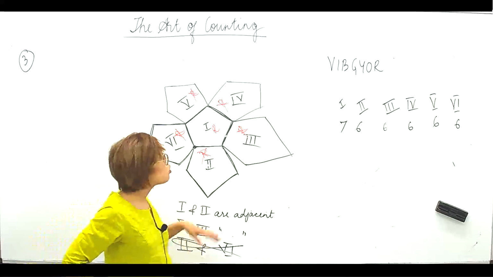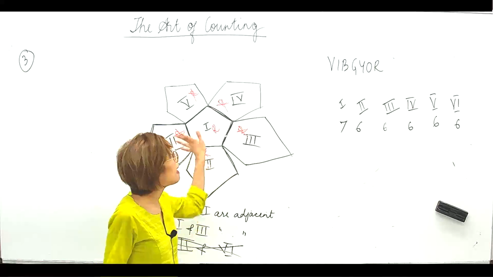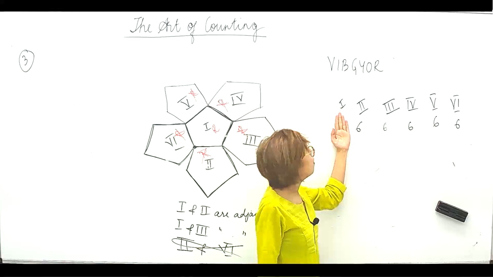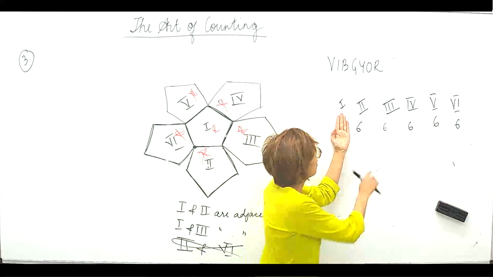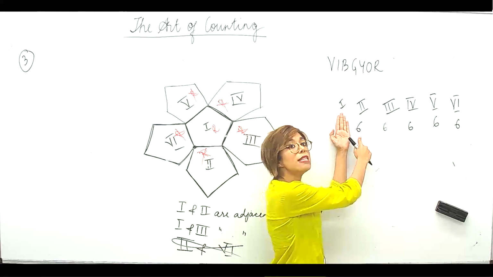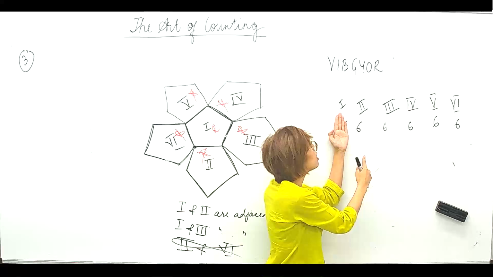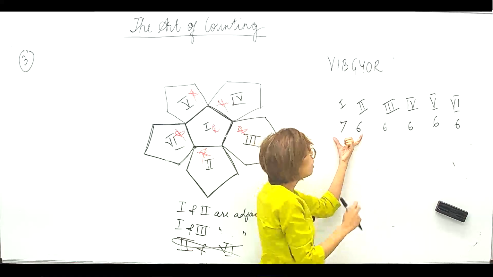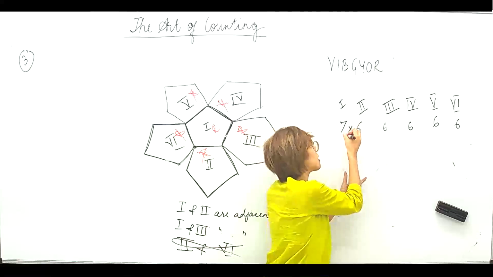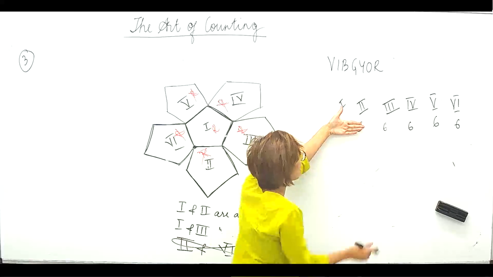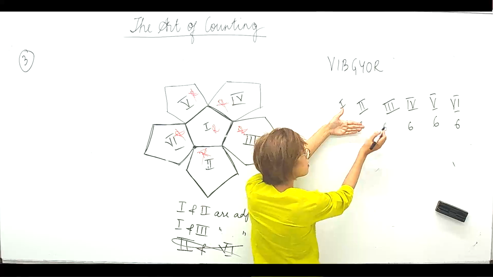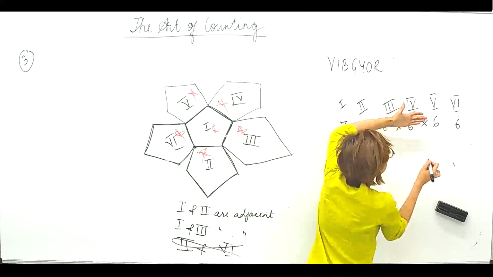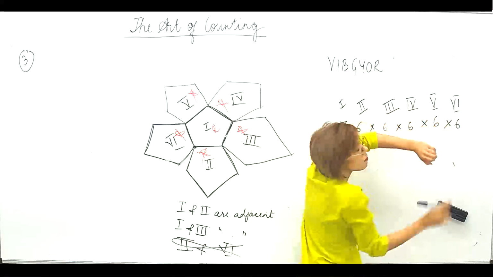Right? Okay. So now I need to find the total number of ways of painting this diagram. Corresponding to this color in pentagon 1, I can fill the color in pentagon 2 in 6 different ways. So corresponding to each choice, I have 6 choices. So I have 7 choices here, so total number of choices 7 into 6. Then corresponding to this, I have 6 choices, corresponding to this, 6 choices, corresponding to this, 6 choices.